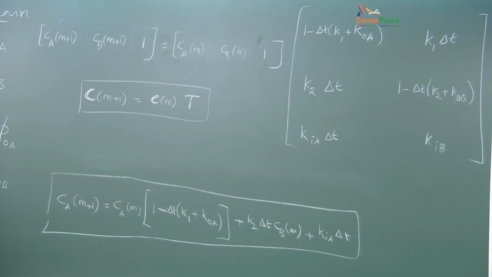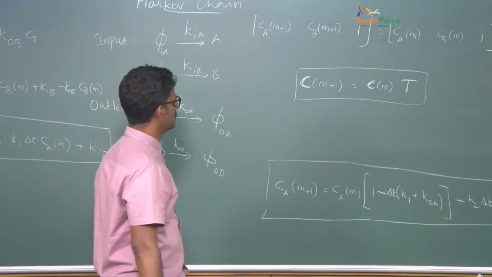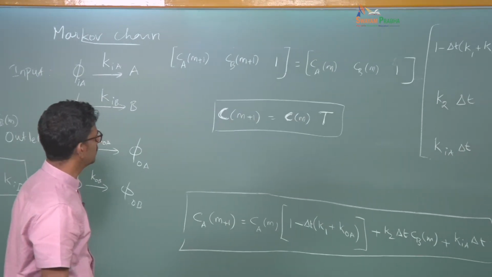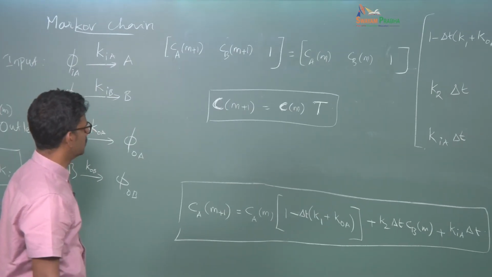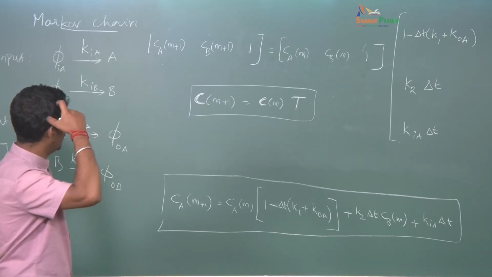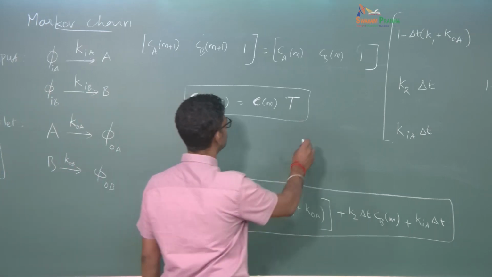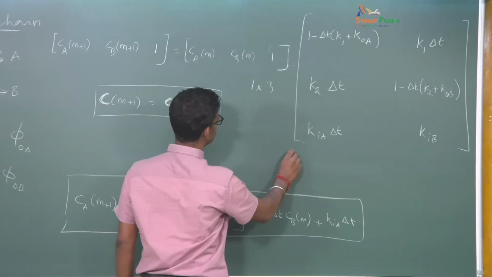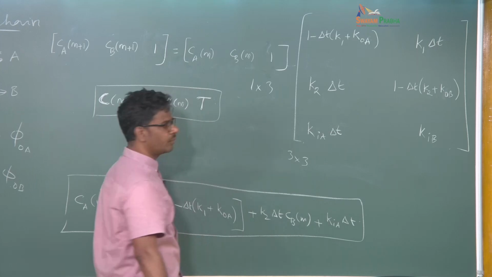Which dimension? So you get 1 by 3 here, 3 by 3, so you'll get 1 by 3.